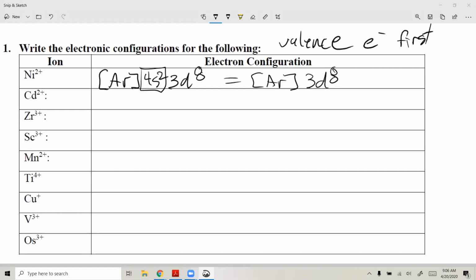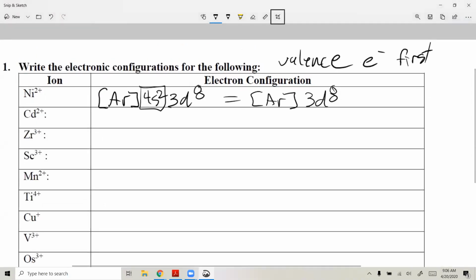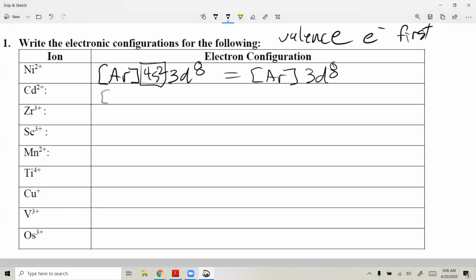So cadmium. Cadmium starts off with us losing 2 electrons from our valence ones.